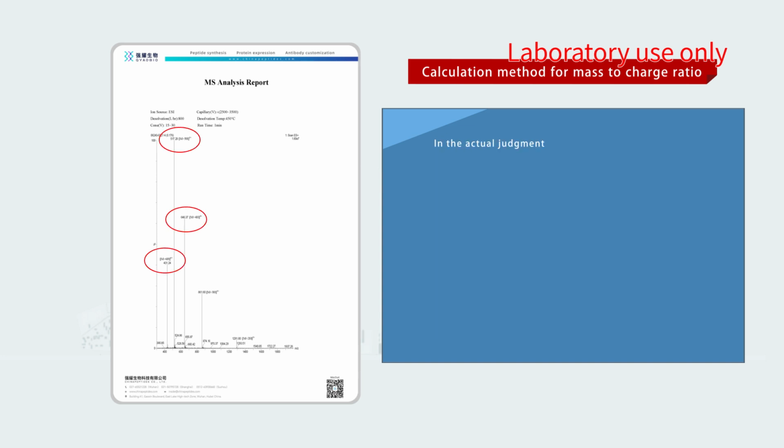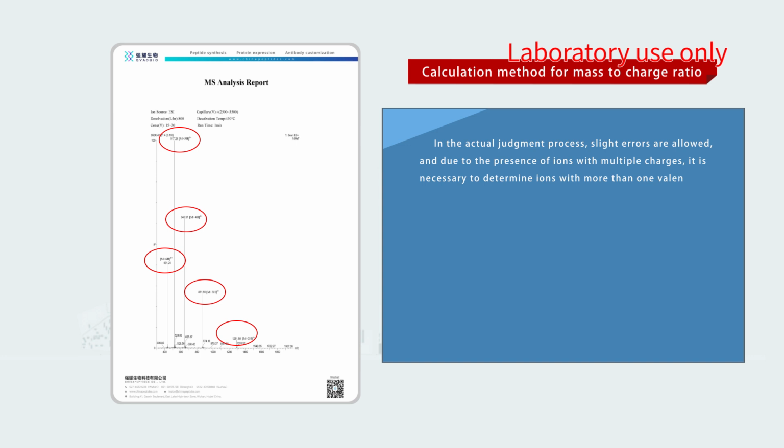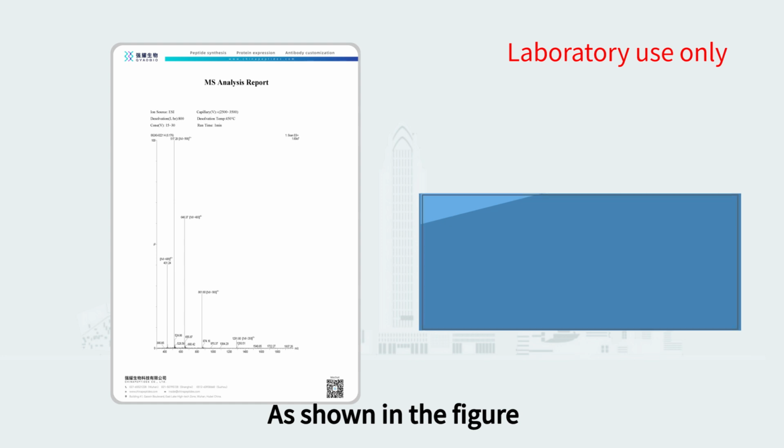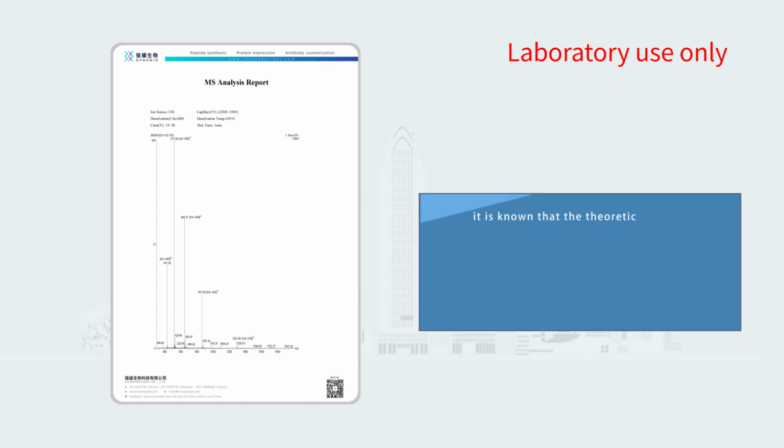In the actual judgment process, slight errors are allowed, and due to the presence of ions with multiple charges, it is necessary to determine ions with more than one valence peak to confirm the molecular weight of the substance. As shown in the figure, it is known that the theoretical molecular weight of the polypeptide is 2,581.99.